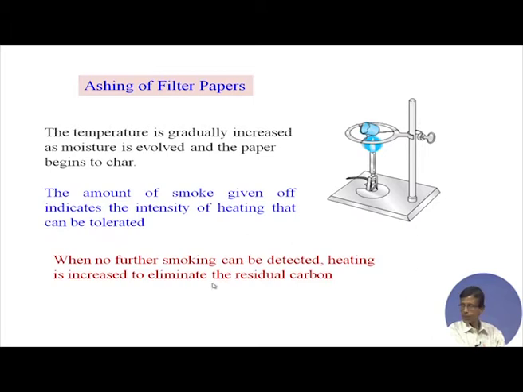When no further smoke is there, heating is intensified so that the residual carbon from the filter paper is removed, because the filter paper has already charred and a black mass with ashes is there. Slowly you increase the heating, so that all the carbon of the filter paper is converted to carbon dioxide.